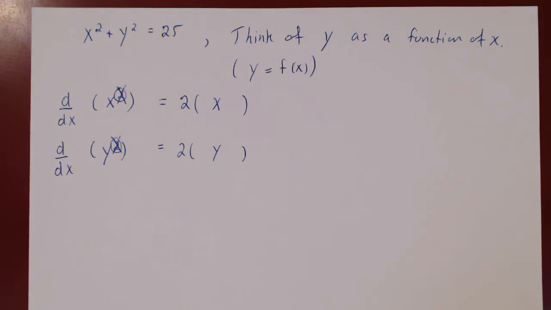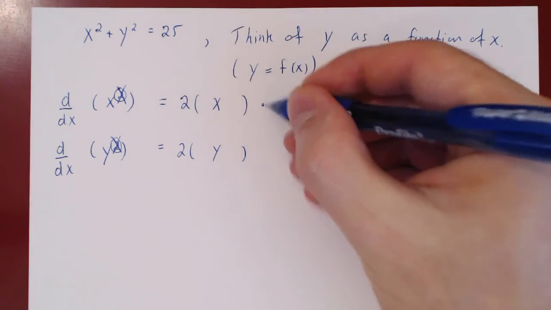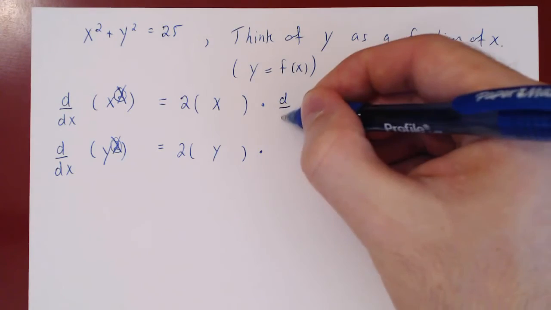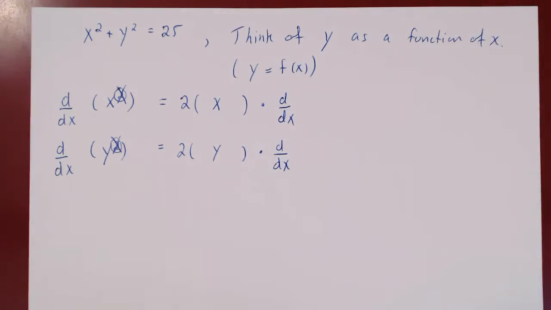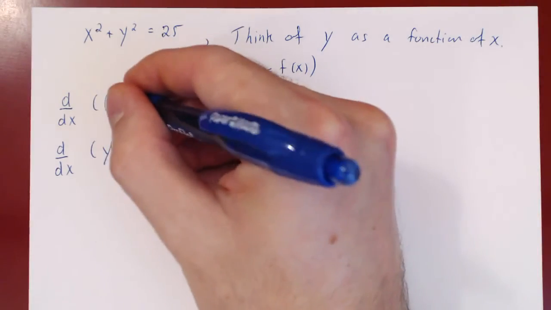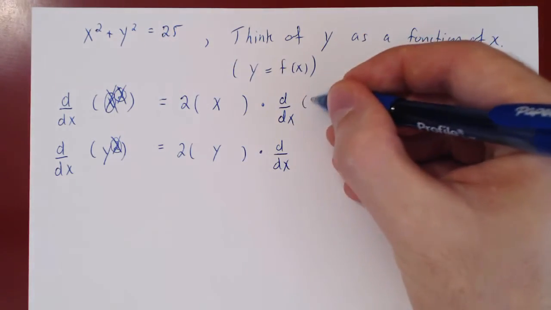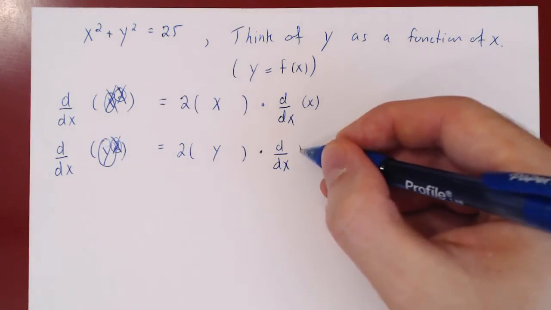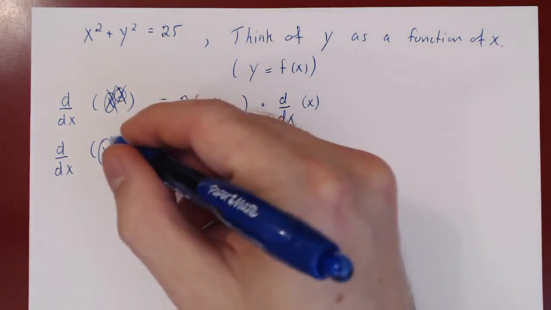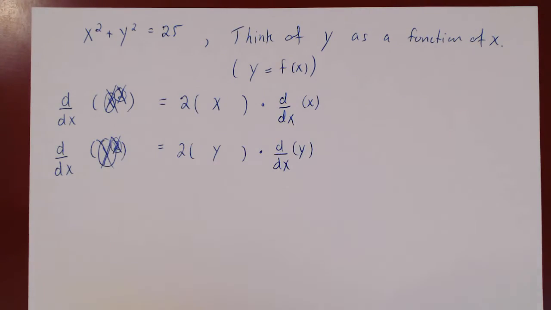And now if we apply the chain rule, we have to multiply what we have so far by the derivative with respect to x of whatever is left over. Well, here what's left over is x. Here what's left over is y. And now by the chain rule, there's nothing left over, so we're done differentiating.